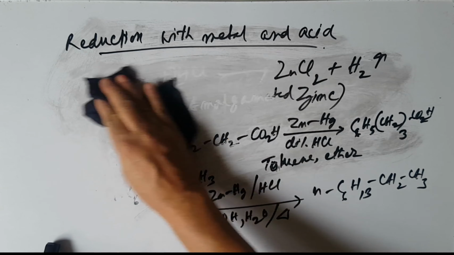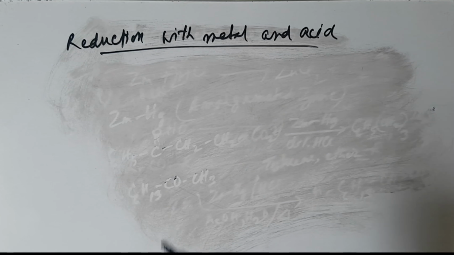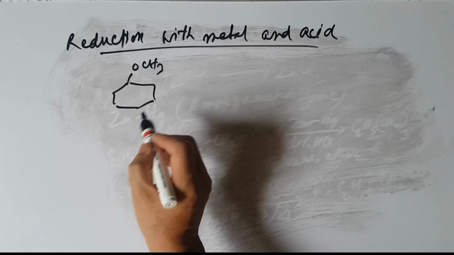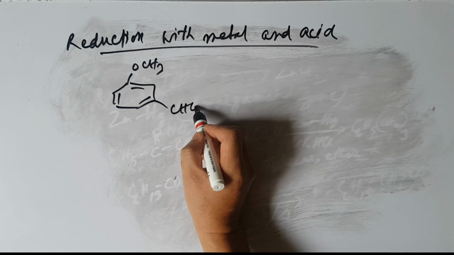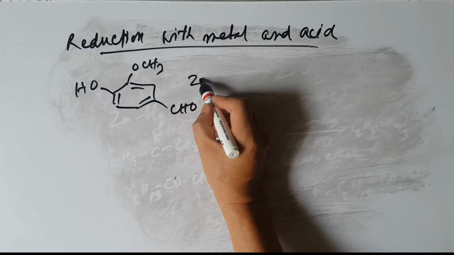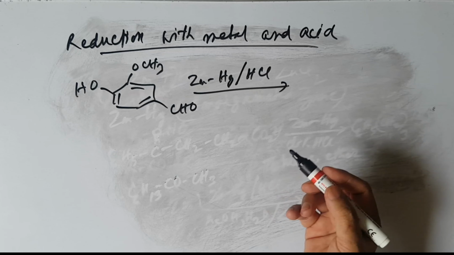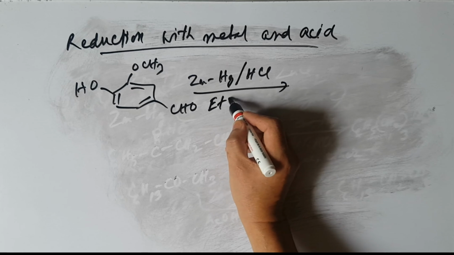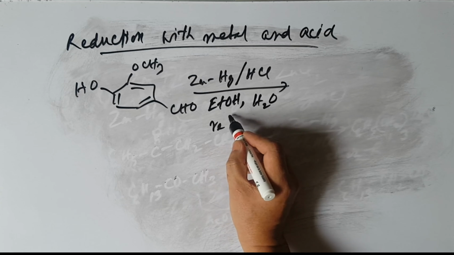Another example I will give. Here is a benzene ring with OCH3, and then you have the aldehyde group, and let's say one OH group. You use zinc-mercury and HCl, then acetic acid, or you can use some proton donor or ethanol, water, and reflux.